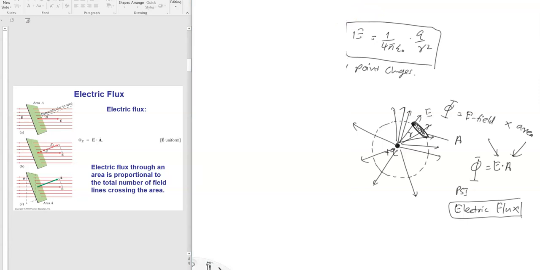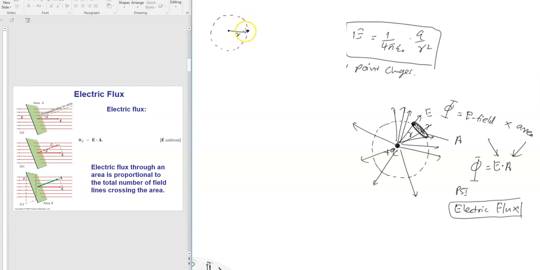Alright, so we have this point charge and we draw this circle around it, right? We want to find the electric field at this point, so we took that distance as a radius and we draw a circle around it.